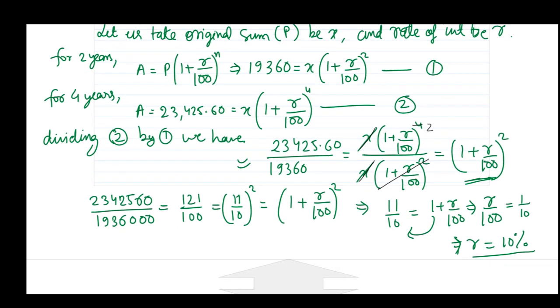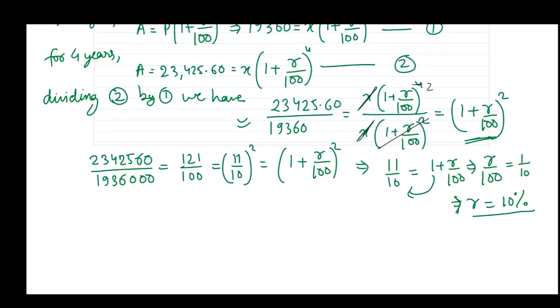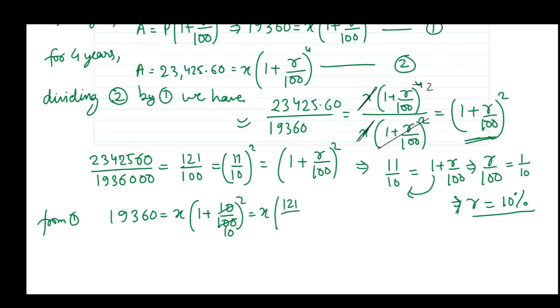So now again from 1 we can write 19,360 is equal to x times 1 plus 10 by 100 to the power 2. You can write it as x times 121 upon 100.